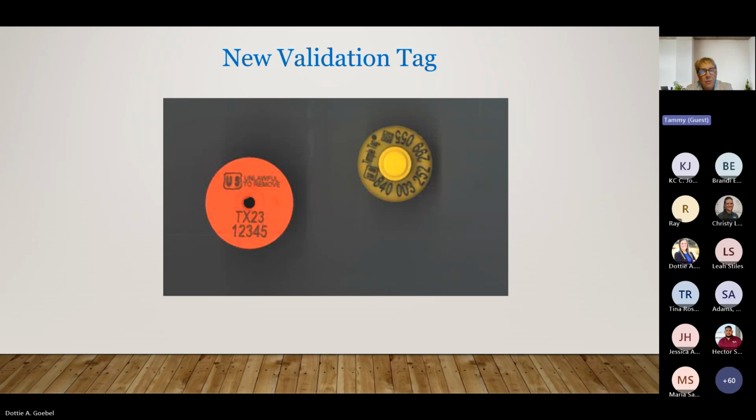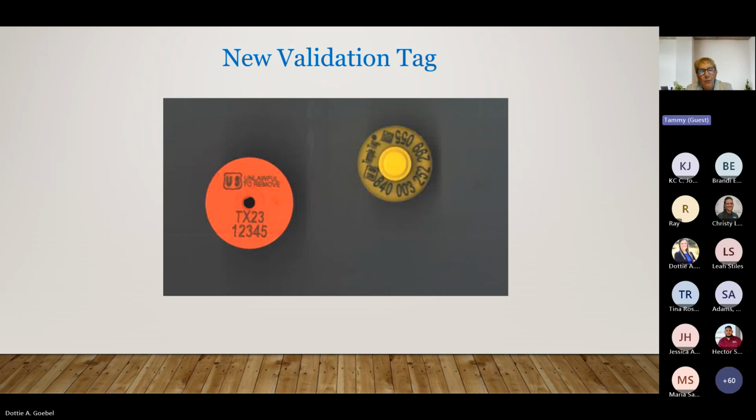We did have an issue this year with some infection as a result of these tags. We got with the company and concluded that they sent us the wrong mail buttons. They sent us mail buttons with plastic tips instead of the metal tips that we ordered.